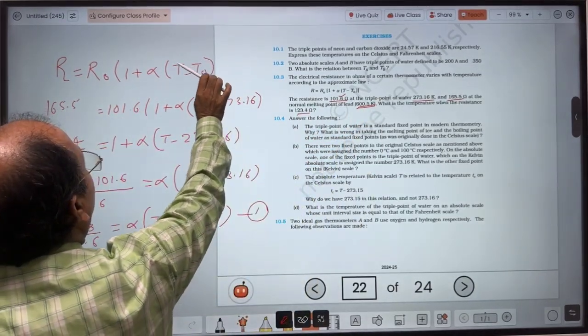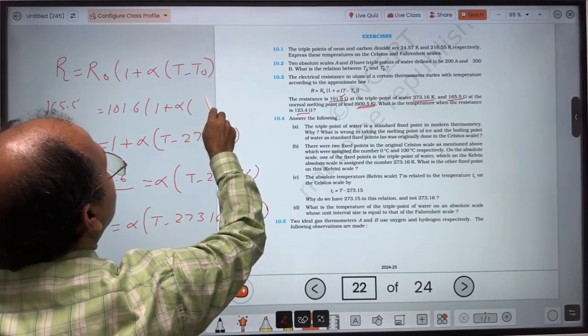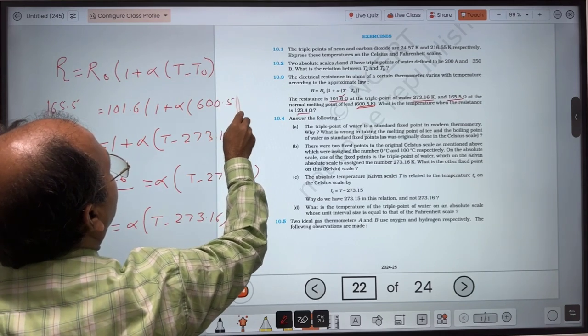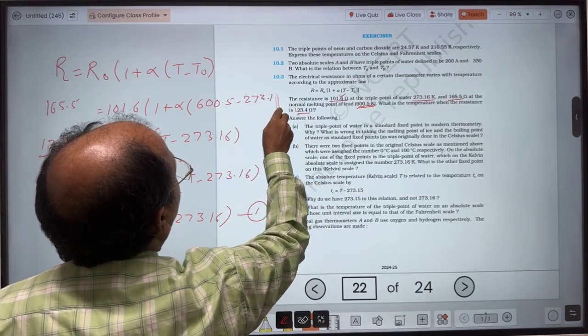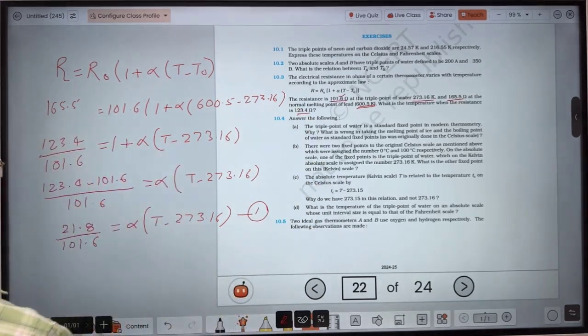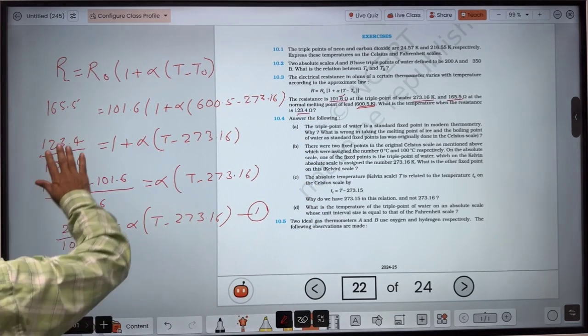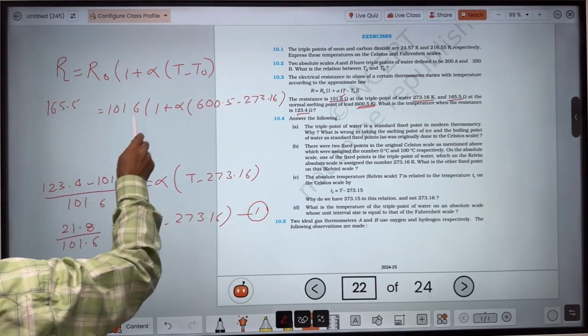Sorry, so here we can write that temperature. So it will become 600.5 minus this 273.16, right? From here we can get the value of alpha easily, right? So let's simplify.